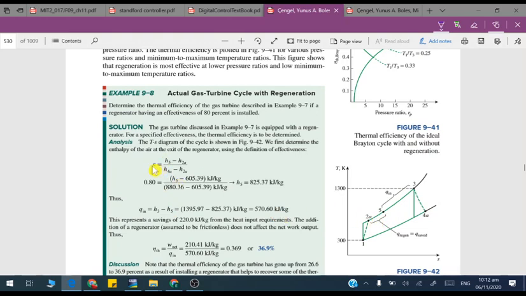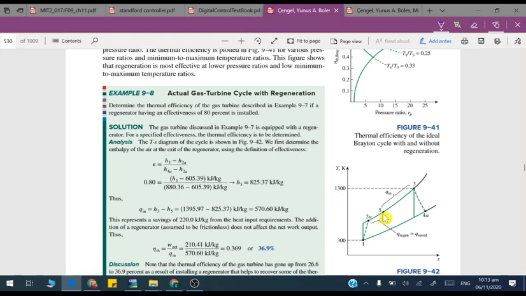Effectiveness is defined as H5 minus H2A, that we have saved, divided by the available, which was H4A minus H2A. That was the total available energy in the exhaust, and what we have extracted from this is H5 minus H2A.